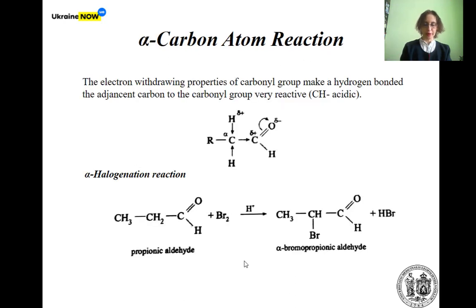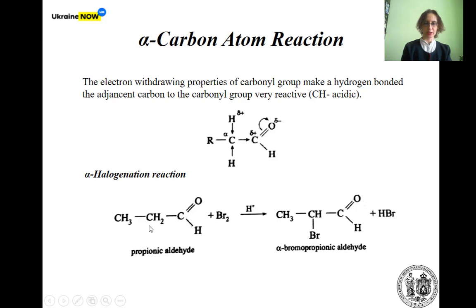Some reactions can occur in alpha position to the carbonylic group. In this group of reactions, we can observe many substitution reactions, for example, with bromine or with another halogen. The catalyst here is a mineral acid.